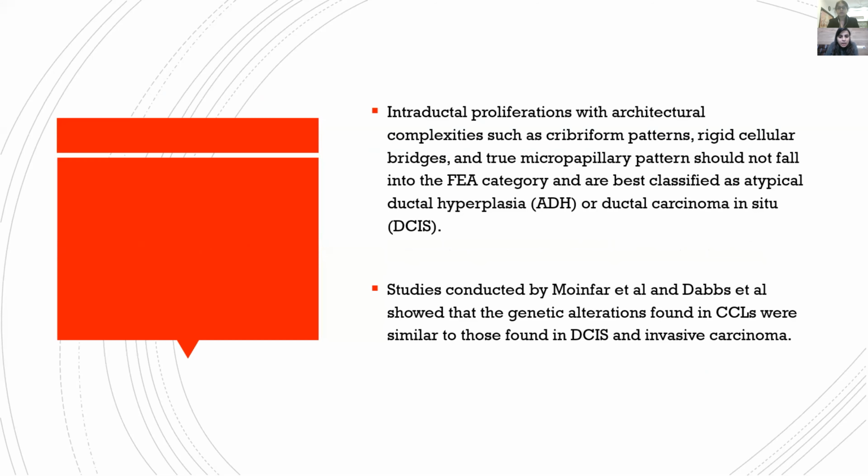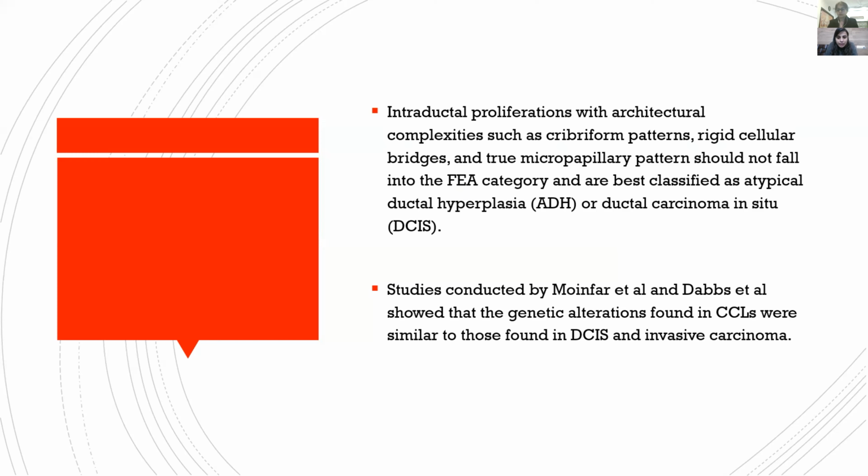Intraductal proliferation with architectural complexities such as cribriform patterns, rigid cellular bridges, and true micropapillary patterns should not fall into the FEA category. If we are finding any architectural complexities like a cribriform pattern, cellular bridges or micropapillary pattern, it should be excluded from the flat epithelial atypia category and should be included in atypical ductal hyperplasia or ductal carcinoma in situ.